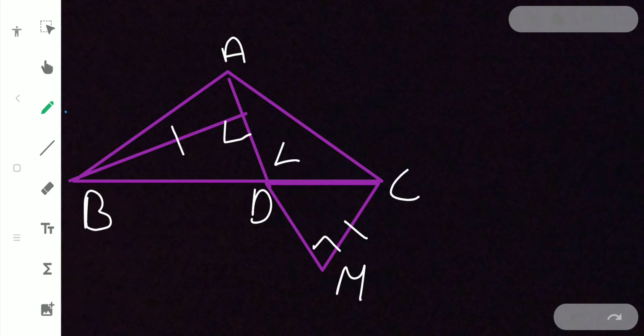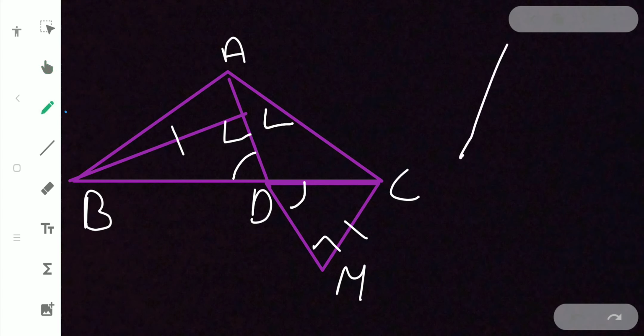What is left to prove congruence is angle BDL is equal to angle MDC, because they are vertically opposite angles.